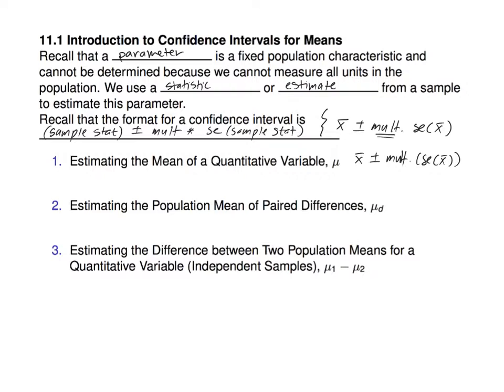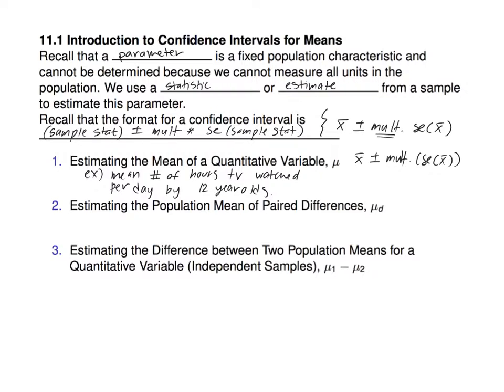And a thing you might care about, for example, is the mean number of hours of TV watched per day by 12-year-olds. You could take a sample, ask these kids or kids' parents how much TV they watch, and then find a confidence interval for how much TV is watched. That would be the mean of one group.